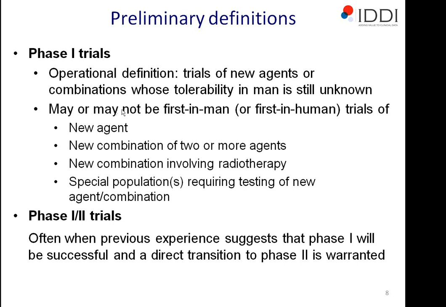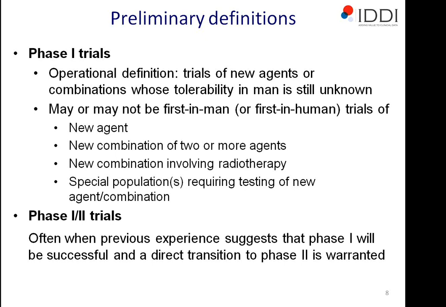And this means that sometimes a phase 1 trial may be the so-called first-in-man or first-in-human trial for a given agent or combination, but sometimes this is a second or third or even fourth phase 1 trial on the same agent and combination for various reasons.